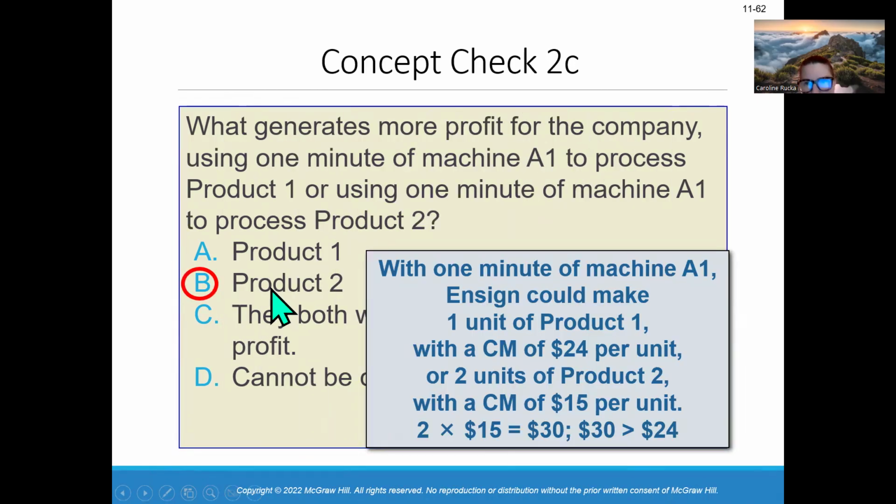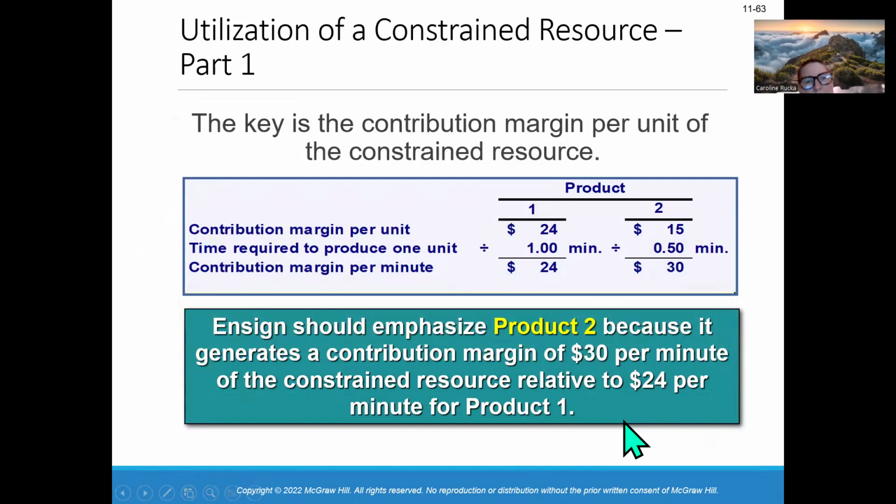Product two. The reason is, even though its contribution margin is only $15 per unit, you can make 2 units per minute, which is an overall contribution margin of $30, which is greater than the $24 for product one, because you can only make one of these per minute. Okay, does that make sense? All right.